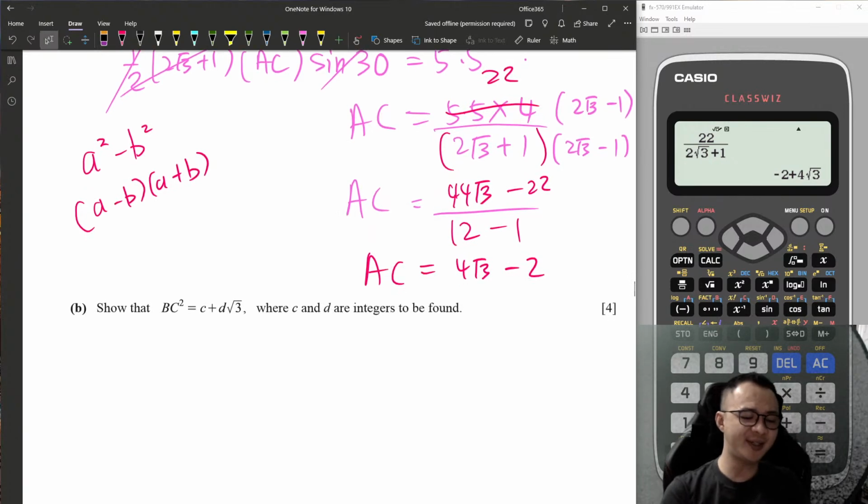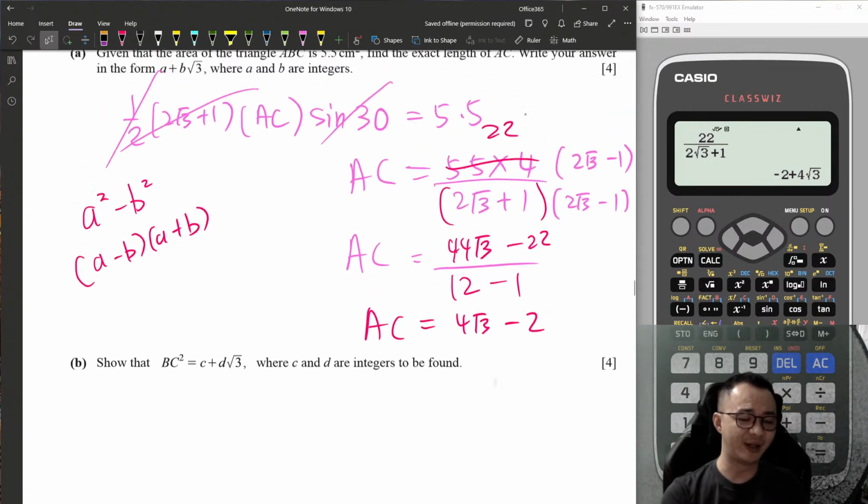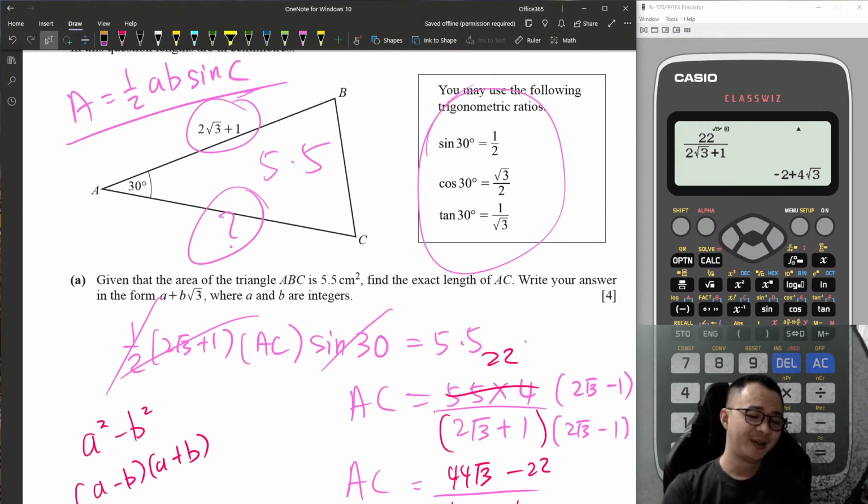Show that BC square is equal to that one. Okay, where's the BC? Alright, so if I have this one, which is 4 surd 3 minus 2, I want to find BC square. You should know this one is a cosine rule, isn't it? You have 2 sides and 1 angle in between, it is a cosine rule.